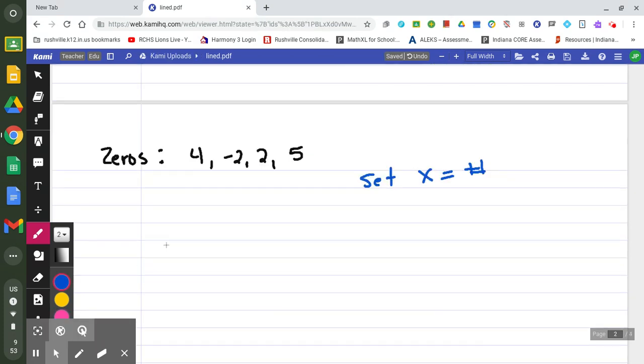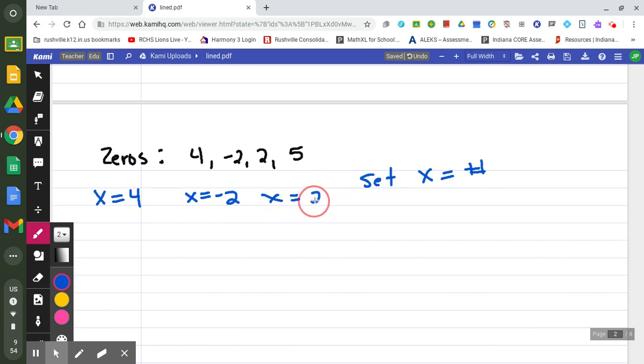Okay, so another example you're going to have, now I have 4 zeros, so I'm going to set each of those zeros as x equals, so x equals 4, x equals negative 2, x equals positive 2, and x equals 5. So then the next line is setting those equal to 0. So subtracting 4 on both sides of the equal sign.